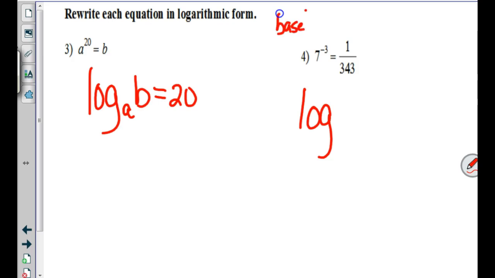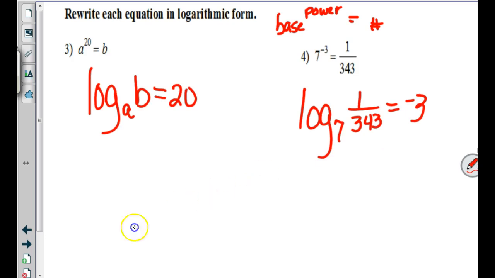It's base, power, number. Log base 7 of some number equals -3. The answer to a log is the power, the exponent.